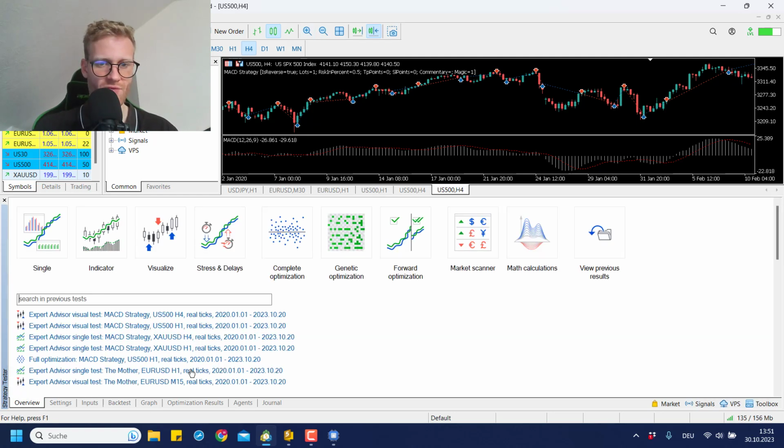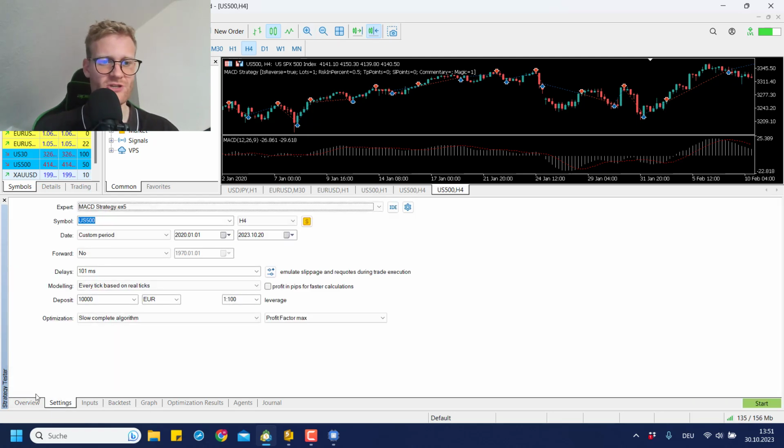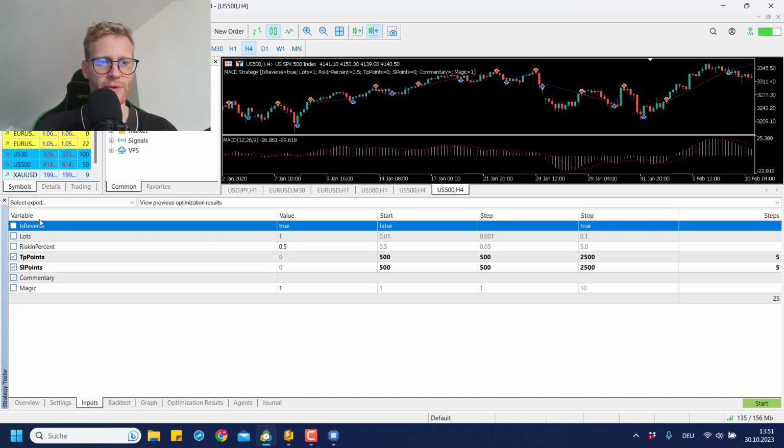So let's go to the overview here in the tester and let's run a complete optimization. And we will always go with a reversed version here because it kind of made sense.